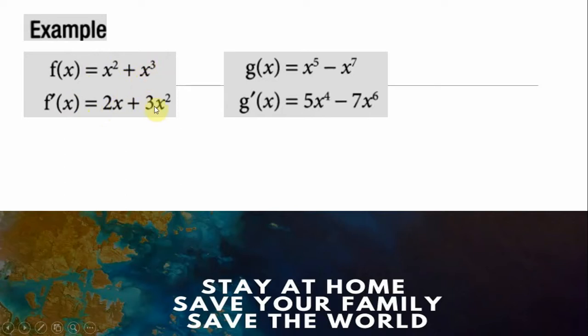The derivative of x cubed is 3 times x to the power of 2. Another example, g of x is equal to x to the power of 5 minus x to the power of 7. G prime x: the derivative of the first term is 5 times x to the power of 4, minus 7 times x to the power of 6.